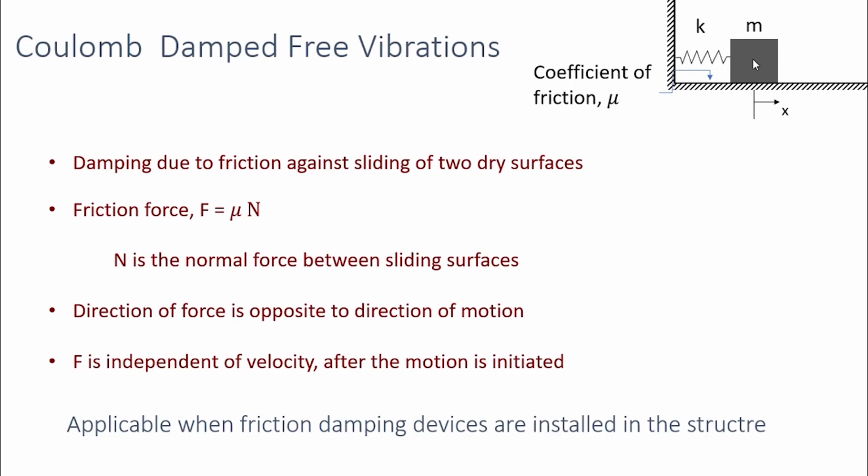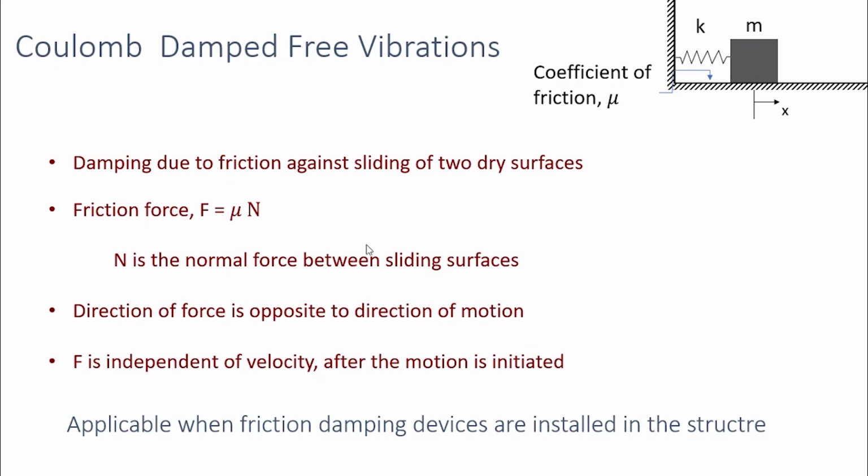We have a mass and a stiffness, and the damping will be due to the friction between this mass and this surface, and the coefficient of friction on this surface is equal to mu. So the frictional force on this surface is equal to mu multiplied by N, where N is the normal force acting between the sliding surfaces.